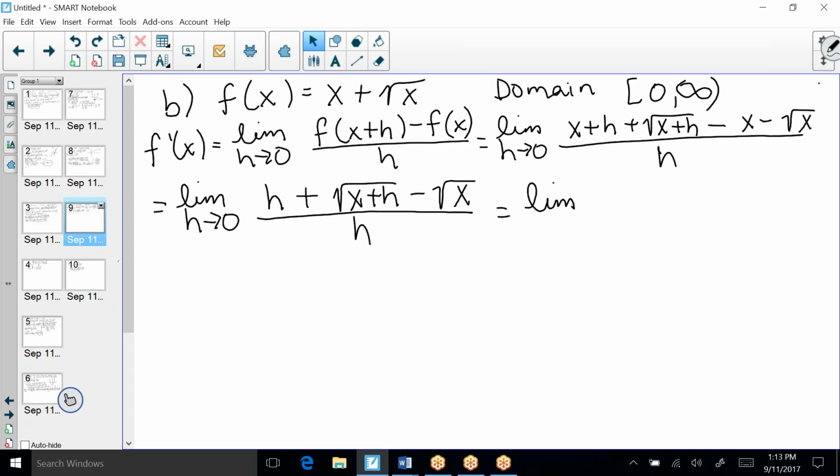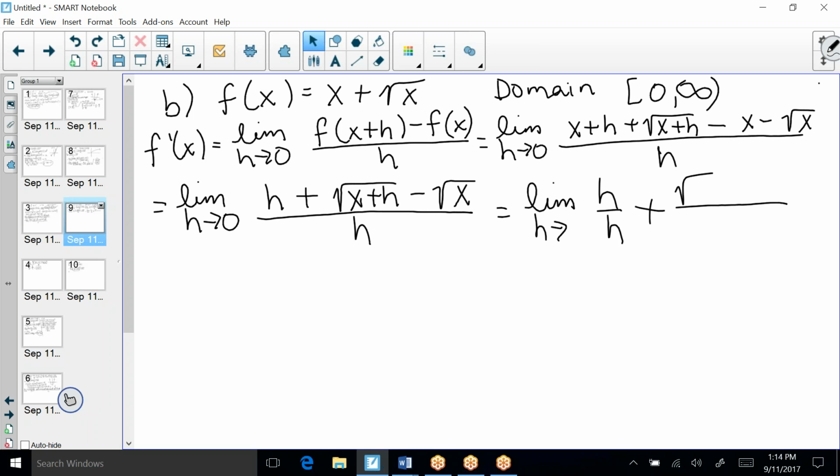So you can write this instead as the limit as h goes to 0 of h divided by h, so we're allowed to do that division, plus the square root of x plus h minus the square root of x, divided by h. So I can divide that as well.